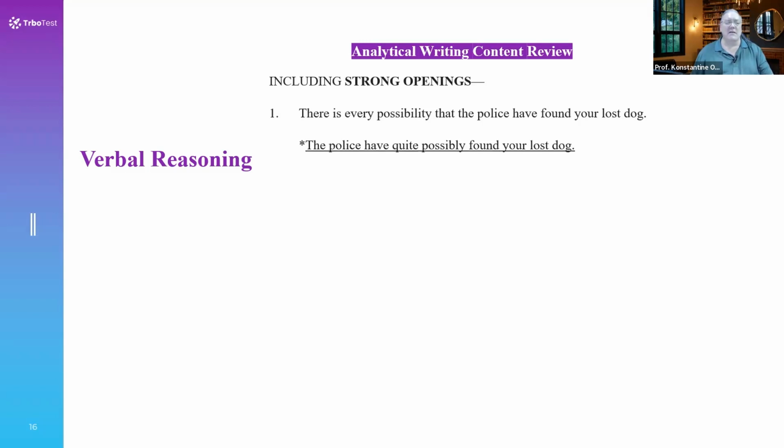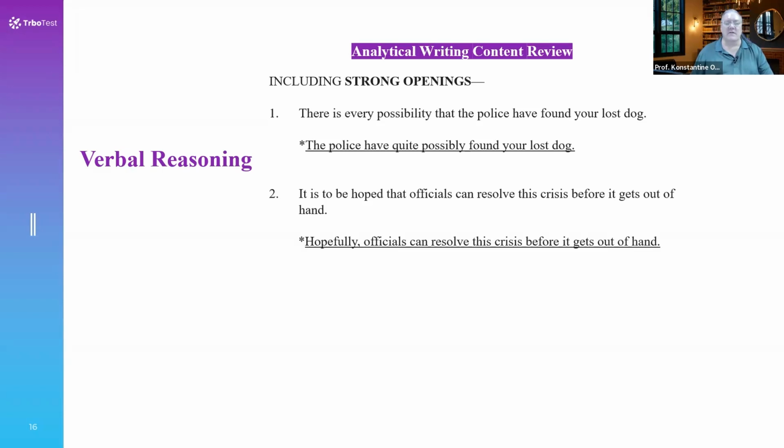Include strong openings. There is every possibility the police have found your lost dog. There is every possibility. Not very strong. The police have quite possibly found your lost dog. Number two, it is to be hoped that officials can resolve this crisis before it gets out of hand.